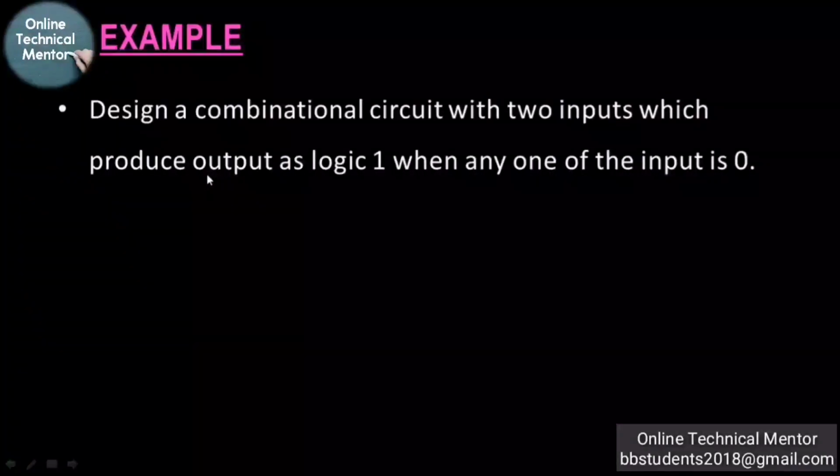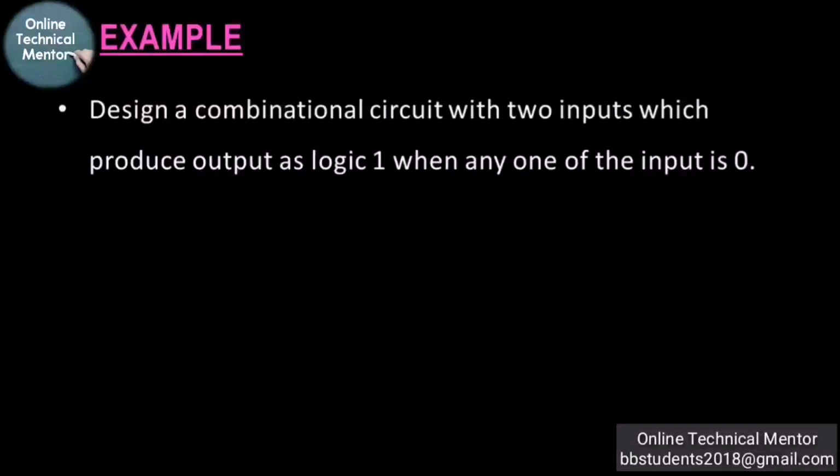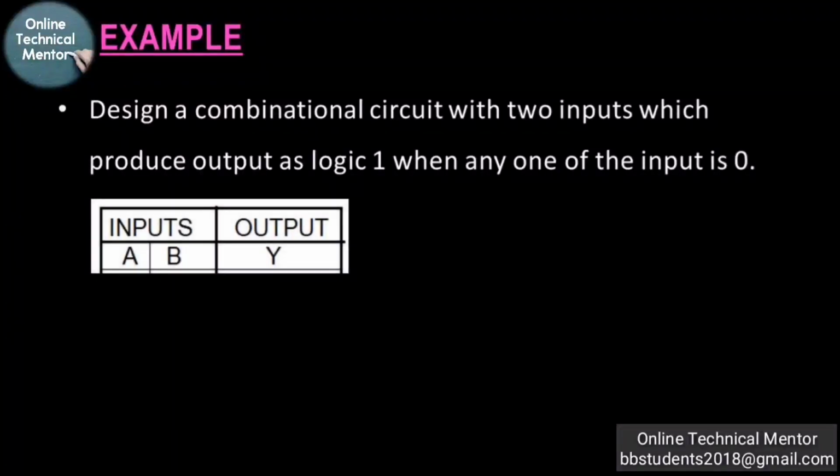And then what you have to do? You have to name this input and output. So the inputs are A and B and the output is Y. You can take any variable name as you wish. I have taken A and B for the inputs and Y for the output.